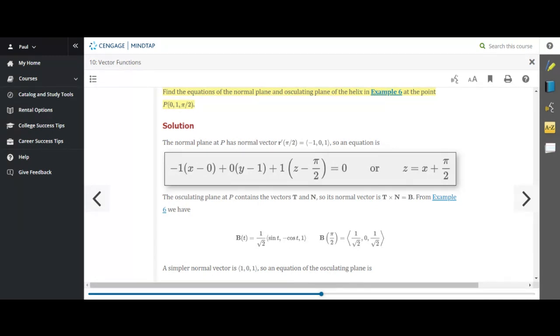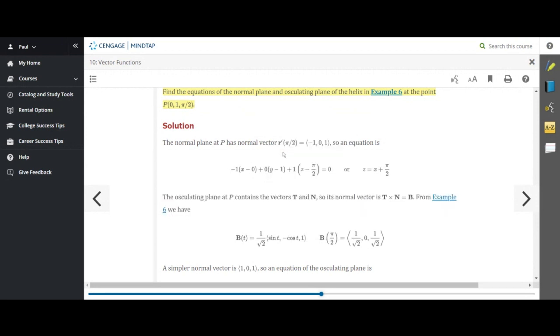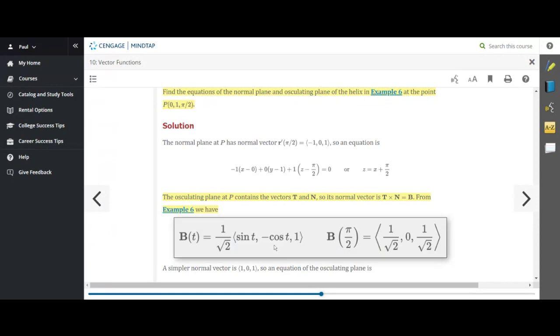Well, now also, the osculating plane is going to contain the tangent and normal vectors. And so the binormal vector, which they computed from example 6, was equal to 1 over root 2 times the vector sine of t, negative cosine of t, and 1.